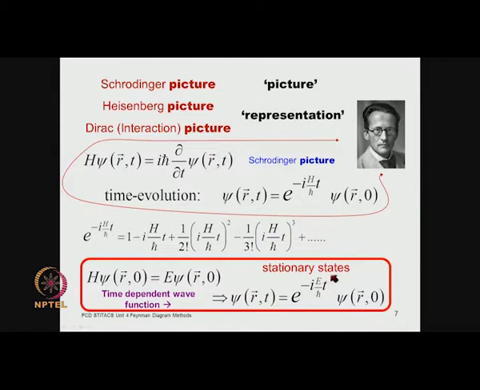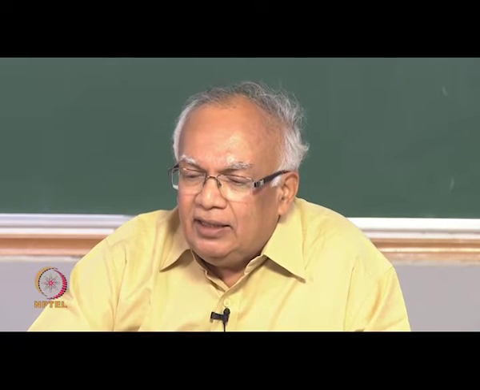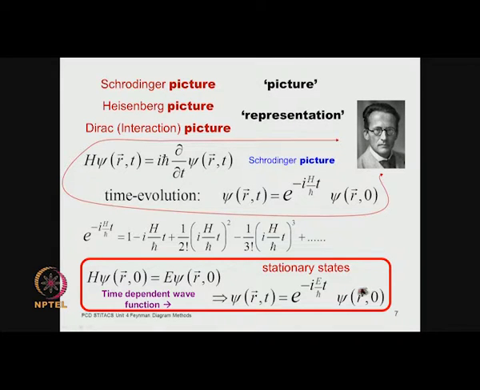And the stationary state solution then is given by e to the minus i omega t, where omega is E over h cross, and most often we write the time dependent part of the solution as e to the minus i omega t or e to the minus i E over h cross t. The time independent Schrodinger equation has the solution where E is the eigenvalue and the eigenfunction is psi of r at time equal to 0. So, this is the time independent Schrodinger equation for a stationary state.